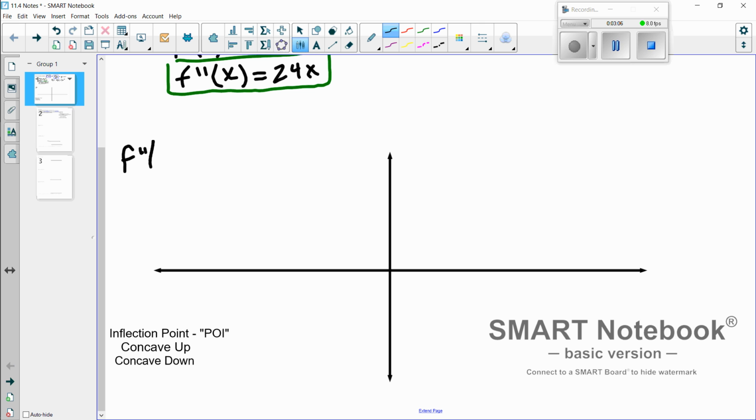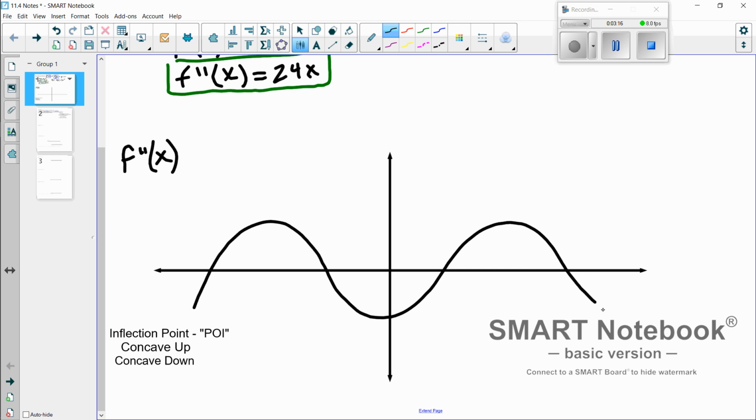This is going to be the graph of the second derivative, and I'm just going to draw some arbitrary function here. Let's go with that, okay? And it doesn't really matter here. What I want to do, though, is just show you how the inflection point, or the POI, we're going to call it, point of inflection, right? And then how concave up and concave down appear in the function as well.